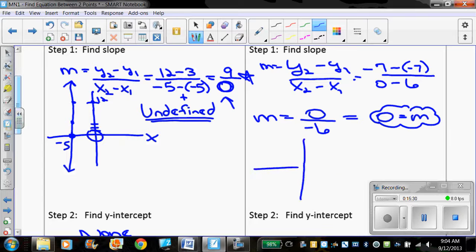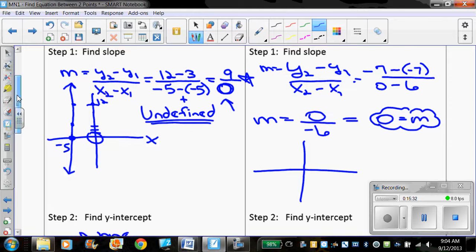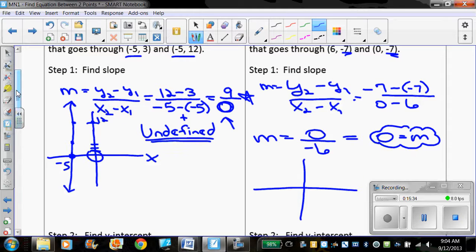So again, if you get a 0 in either the numerator or denominator, my hint to you is to sketch a graph of the 2 points. So the 2 points are 6, negative 7 right here, just to give me an idea of what it looks like. And then 0, negative 7 is right here. And this line is not vertical, but it's horizontal. I'm going to make sure you have that written down over here.